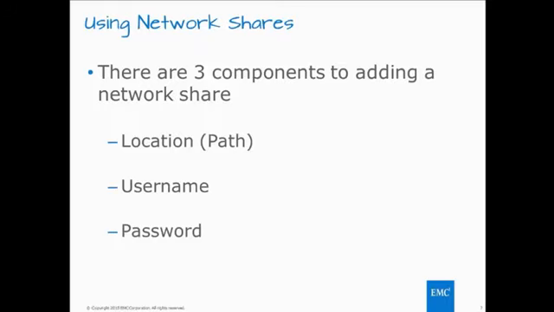While we can, if you have the network share mapped already, then we can pick it up from the drop down, but you can't map a network share from within the Mozy client. Okay. If you already have, as I said, a drive mapped to a network location, you can select it from the drop down menu when you select to add a network share, and the proper path will get populated.